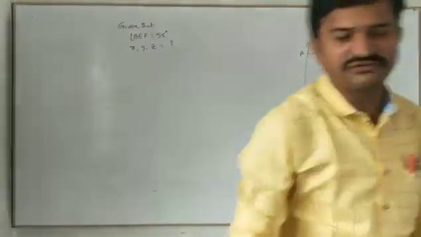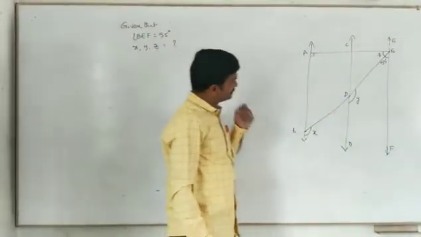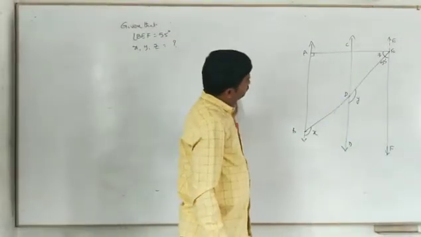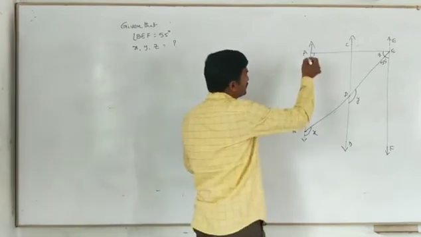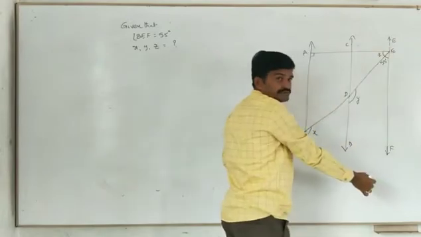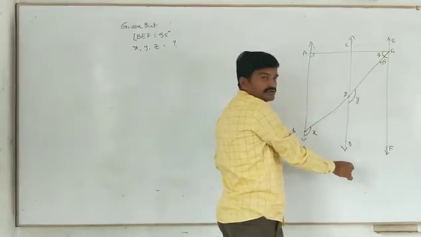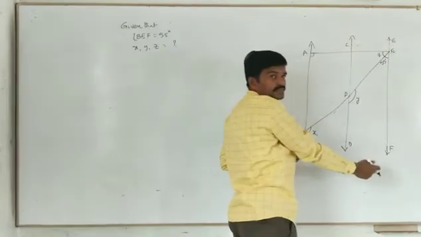He asked to find the values of X, Y and Z. How is it? Look here. AB is parallel to EF now.